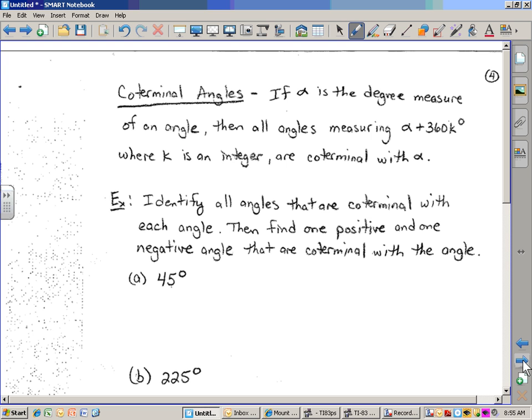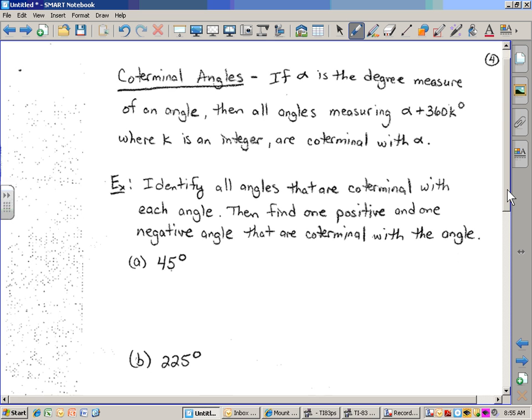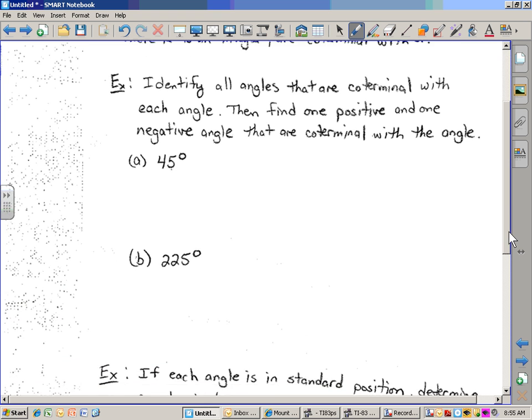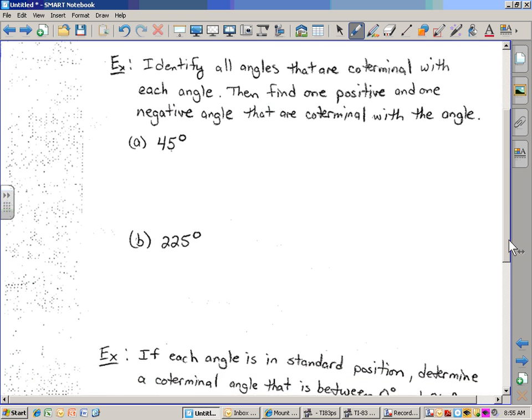So to figure this out, we're simply just going to spin around until we get to the same point. And we do that by adding and subtracting 360. So let's take a look at the example. Identify all angles that are coterminal with each angle. Then find one positive and one negative that are coterminal with the angle.